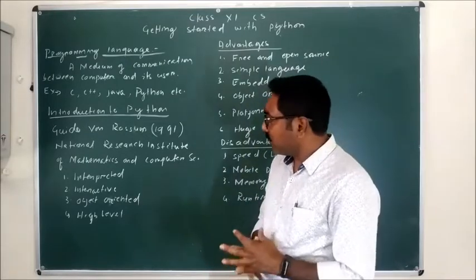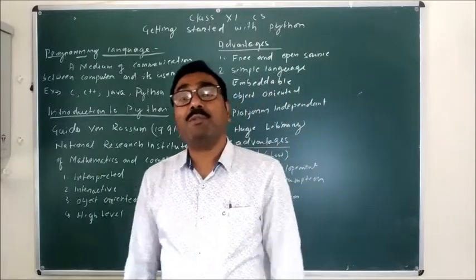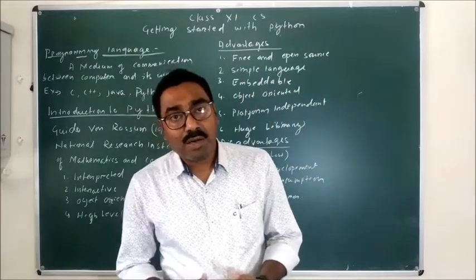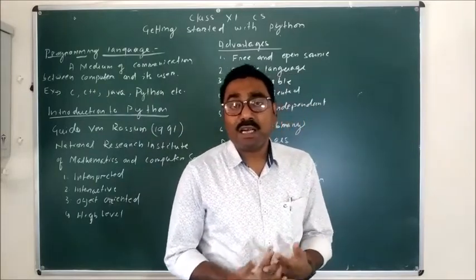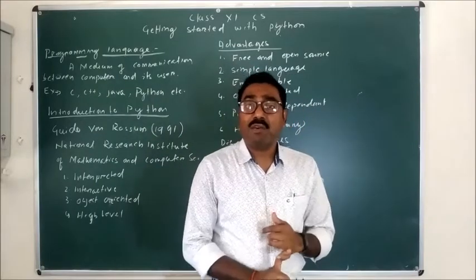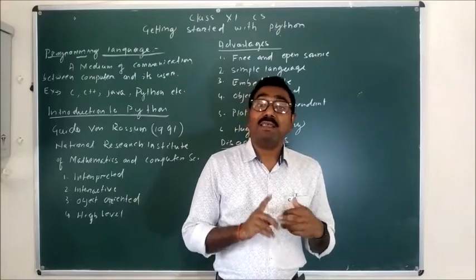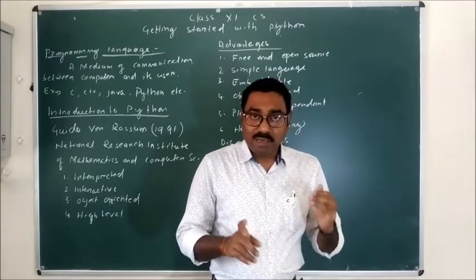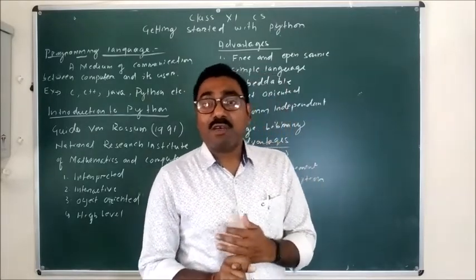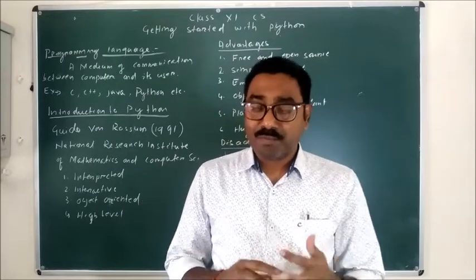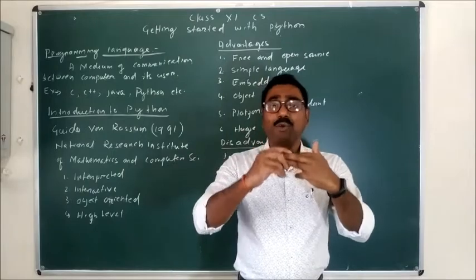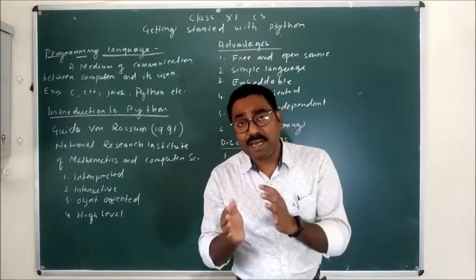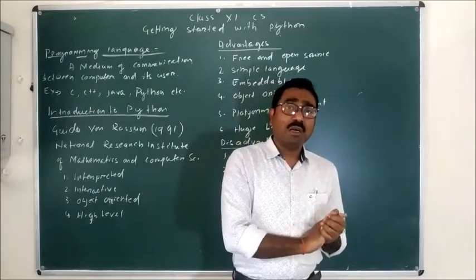So first, the first point, interpreted programming language. Previously I told you about three different kinds of language processors: assembler, compiler, and interpreter. The assembler is used to convert assembly language to machine language, while the compiler and the interpreter are both used to convert a high-level programming language to machine language.